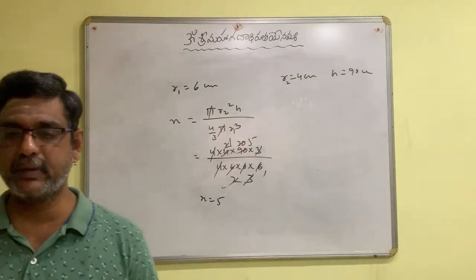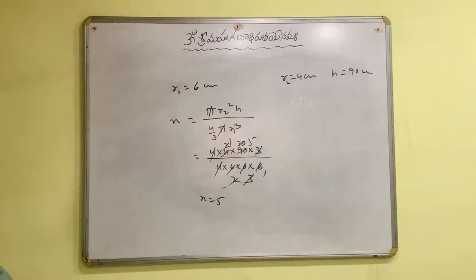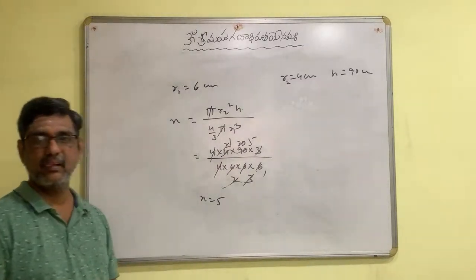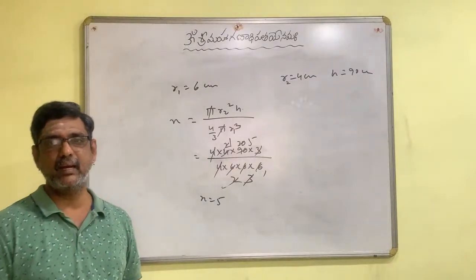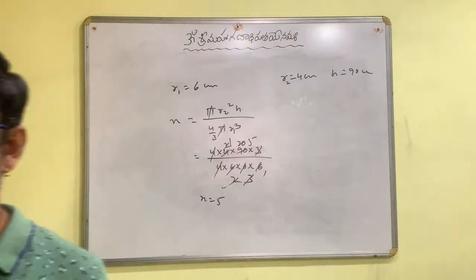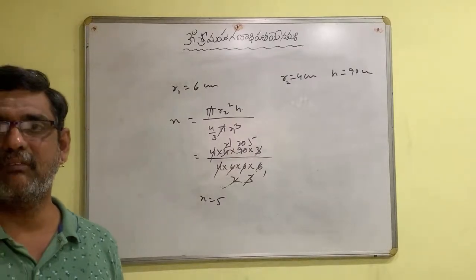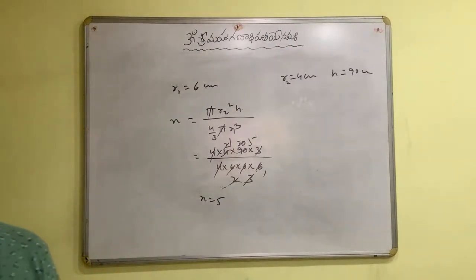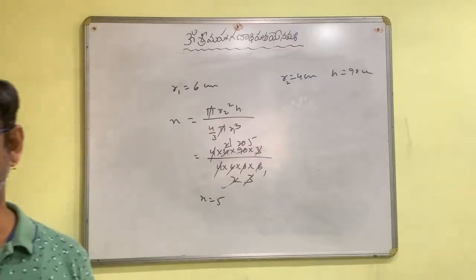So number of spheres is 5. So we can get 5 spheres from a cylinder of radius 4 centimeters and height 90 centimeters.